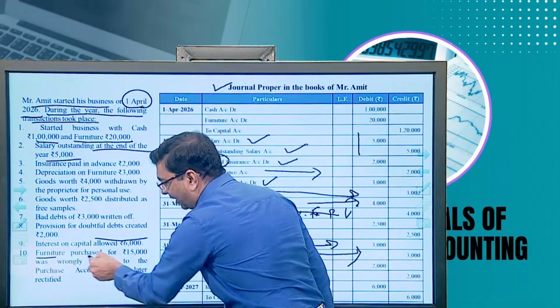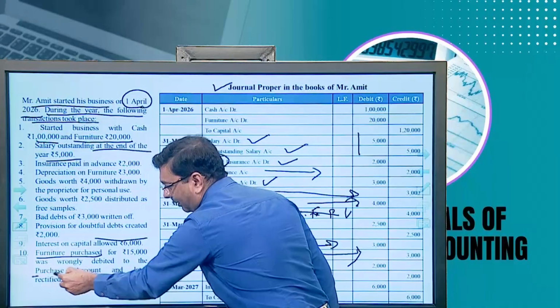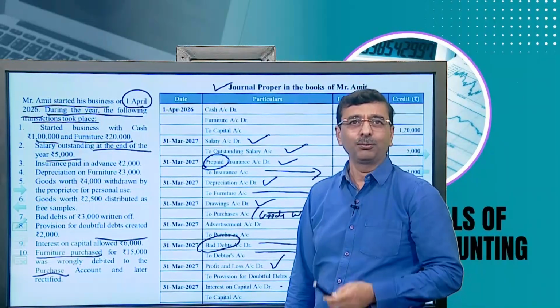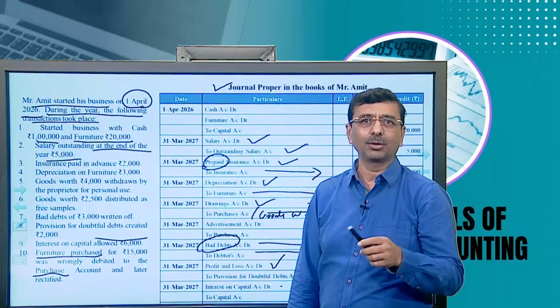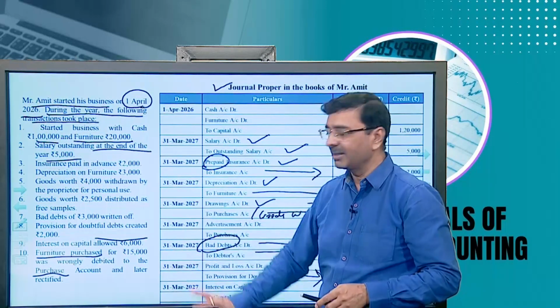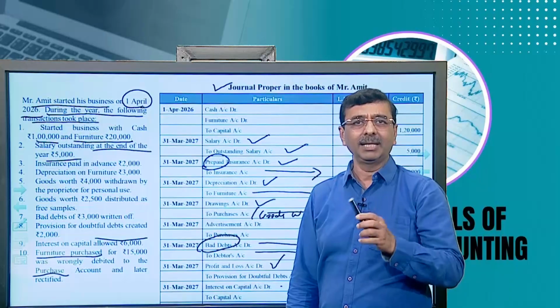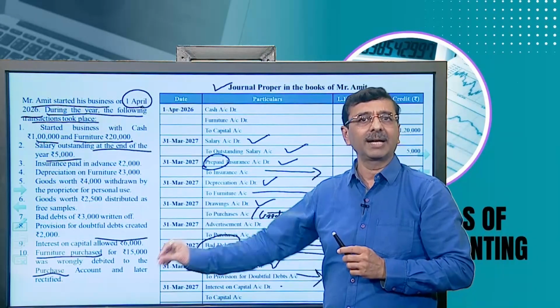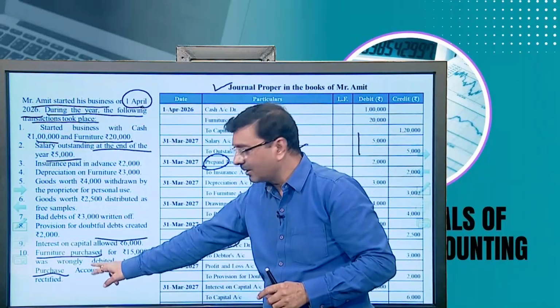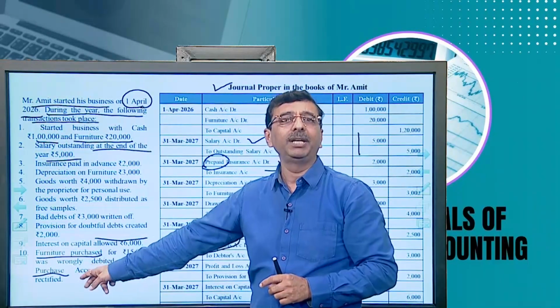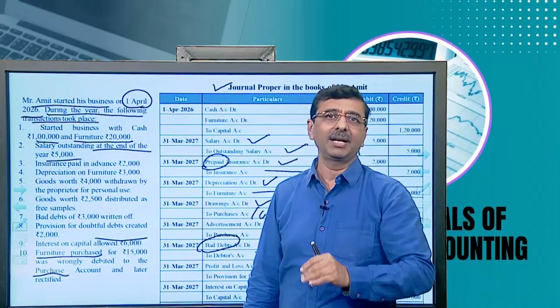Furniture was purchased, but it was recorded in the purchase account. So what they did was debit purchase account to cash or bank, or purchase account to the vendor's account or anything. Ultimately, whether it's a cash transaction or credit transaction is not material. What matters is that the transaction was wrongly recorded. So we need to rectify it. So only a rectification entry is required.